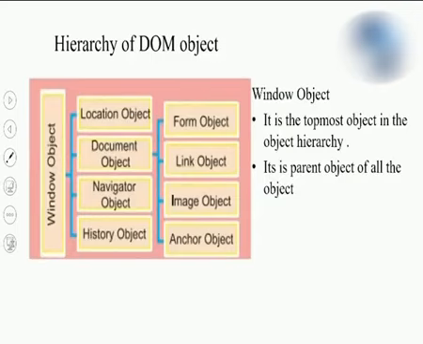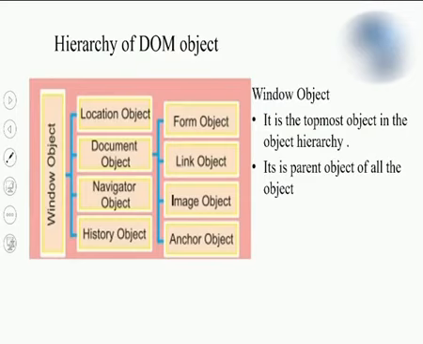Students, this is the hierarchy of the document object model. You may observe on your screen the hierarchy which is given in your textbook. The same diagram is over here. In this hierarchy, window is the topmost object. Under window you will find four objects mentioned in your textbook: location, document, navigator object and history object.